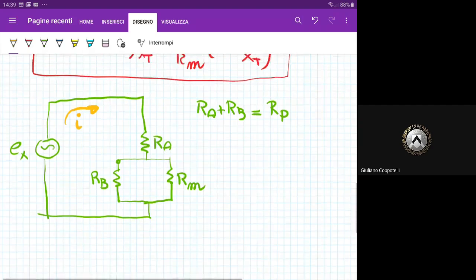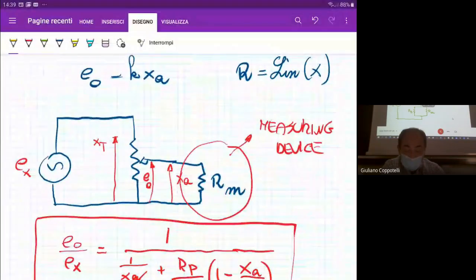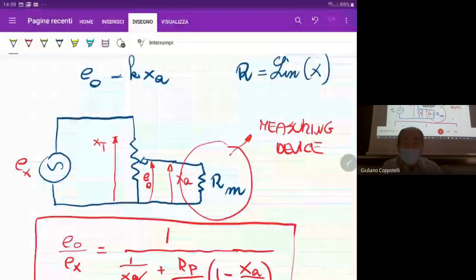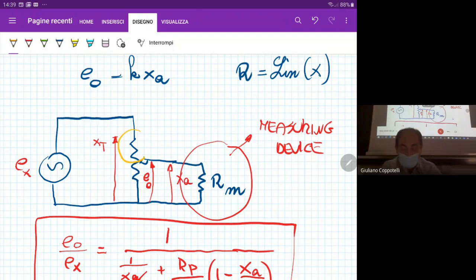Please remember, I scroll up a little bit. If you look at this, the upper part of the resistance is what I call RA, and the lower part is RB. The overall is RP.